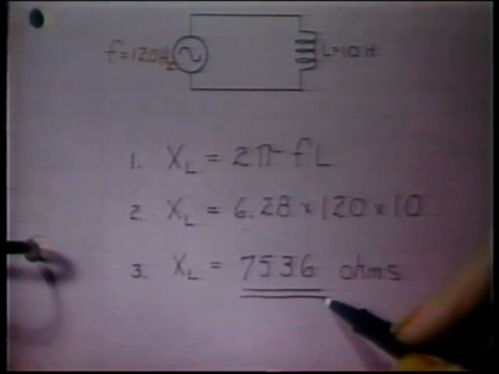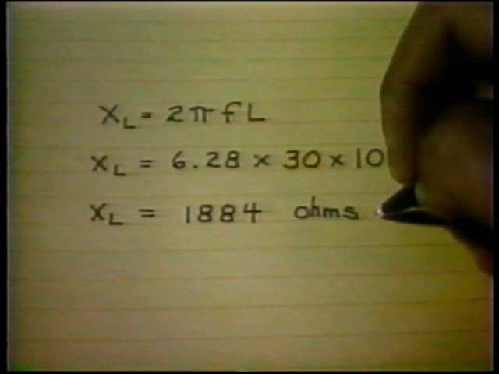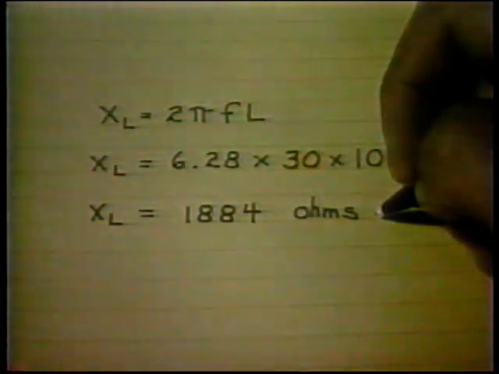X subscript L equals 7,536 ohms. Notice that the doubling of the circuit frequency doubled the inductive reactance. If the frequency was changed to 30 hertz, the inductive reactance would be reduced to half, or 1,884 ohms.